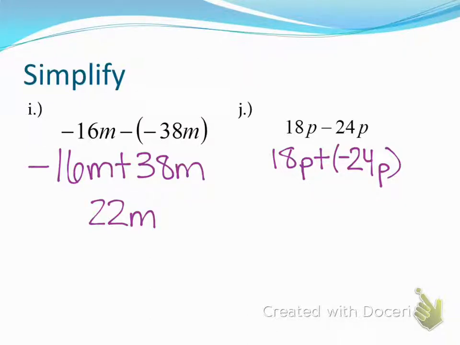Positive or negative? Positive. Are you sure about that? If we add with different signs, we keep the sign of the number with the bigger value. In this case, that is negative 24 having the bigger value, so our answer should be a negative 6p. We gotta be really careful with our signs.